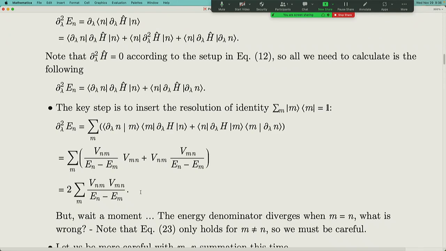So using this idea, we can successfully calculate the second order derivative in terms of all this knowledge that we know at lambda equals 0. So you can imagine that we can continue this exercise, right?